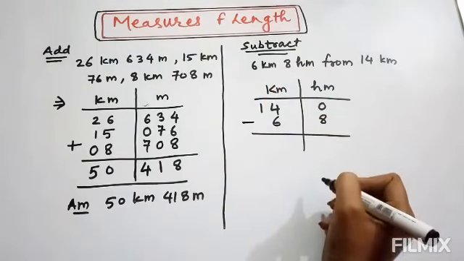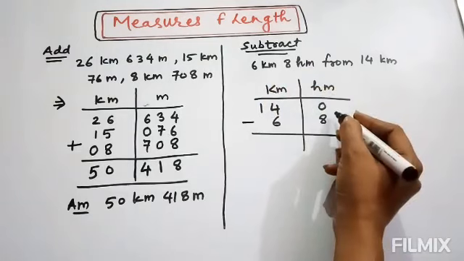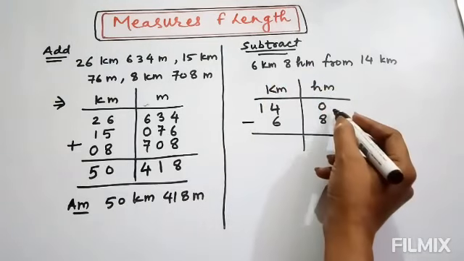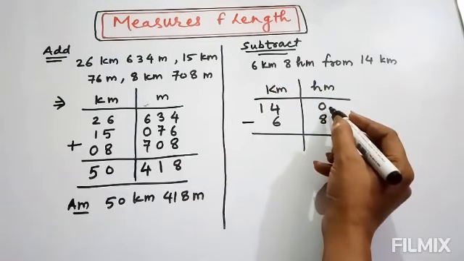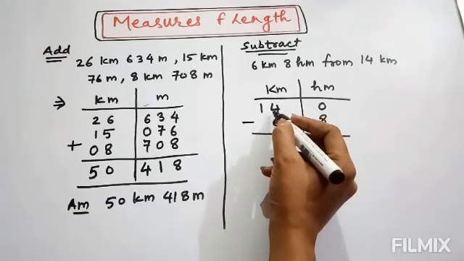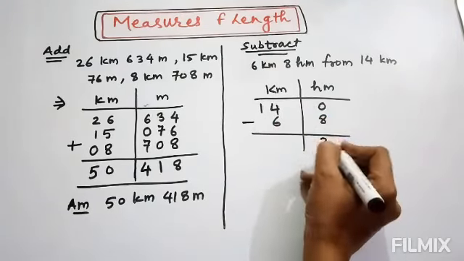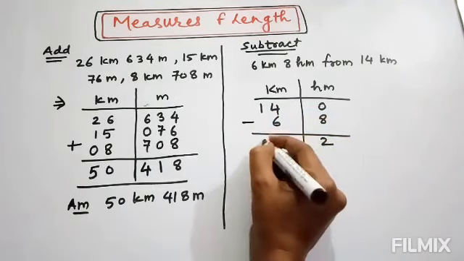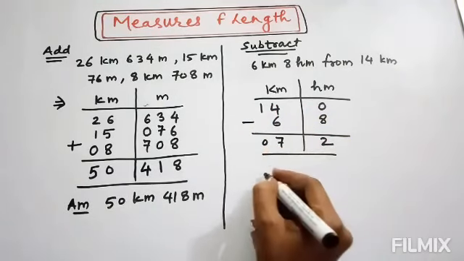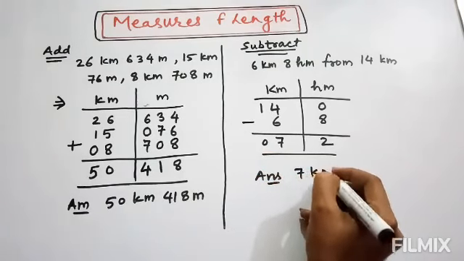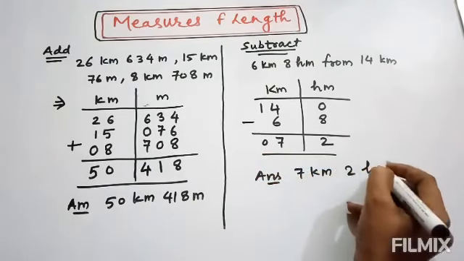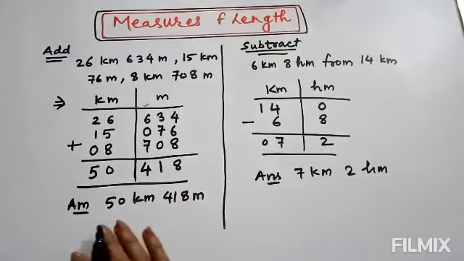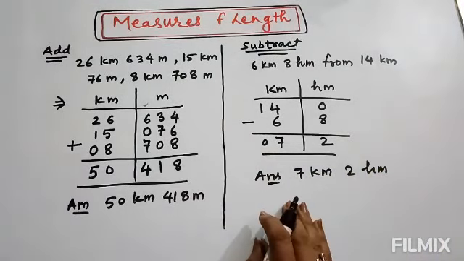Now let's subtract. We borrow from the 14, so it will change into 10 and the 14 will change into 13. 10 minus 8 is 2. Then 13 minus 6 is 7. So we have the answer: 7 kilometer 2 hectometer. I hope you have all understood how to do addition and subtraction.